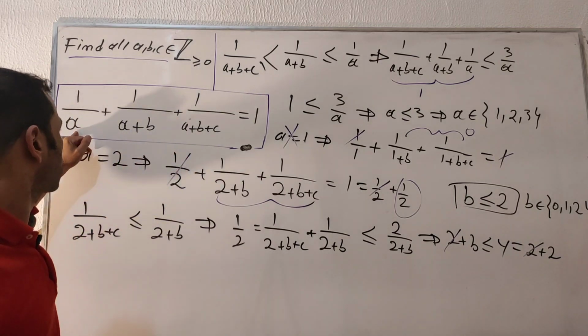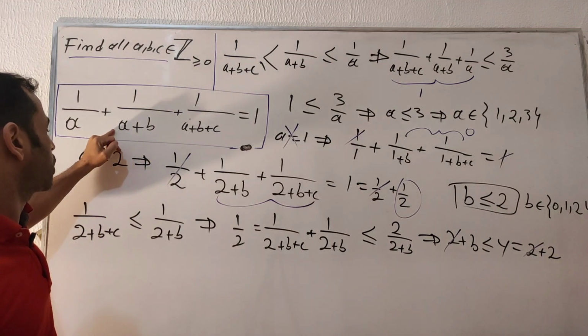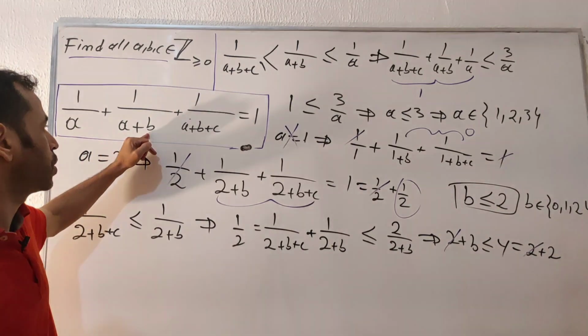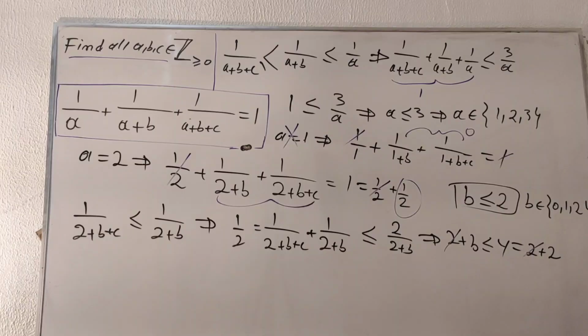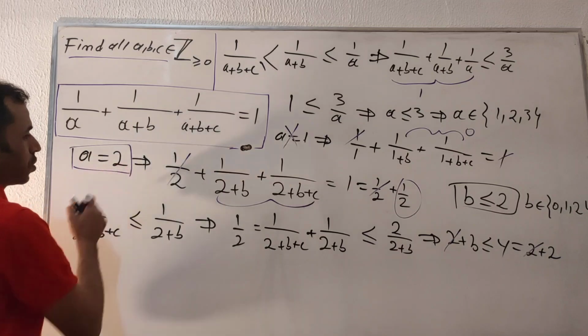Here 0 is possible because we don't have any restriction, unlike before. Since b is added to another integer, it's okay for it to be in the denominator. Remember we're still working on the case a equals 2.